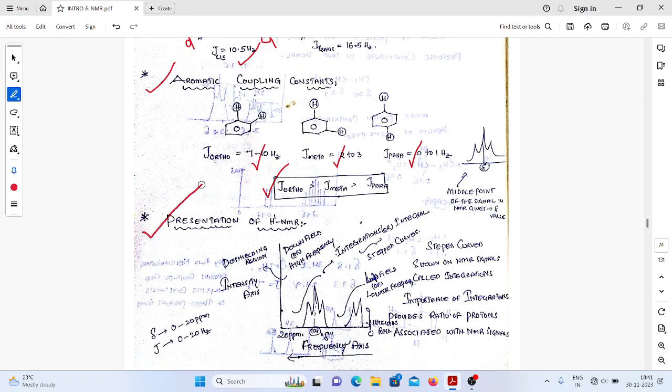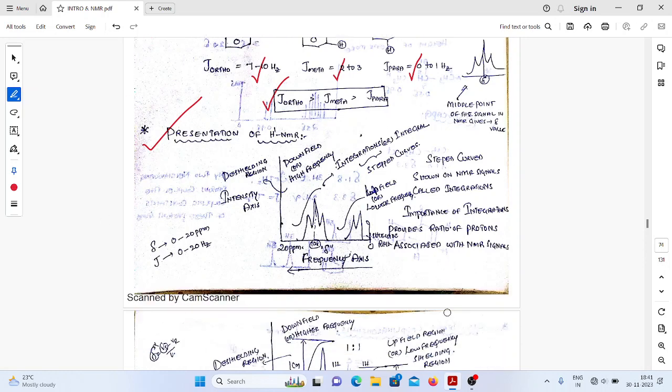How can we represent the NMR spectra? Generally, how do we observe the NMR spectra of different kinds of chemical compounds? In this way, we observe 0, and this indicates the chemical shift value. This axis is the frequency axis, with chemical shift values from right to left.